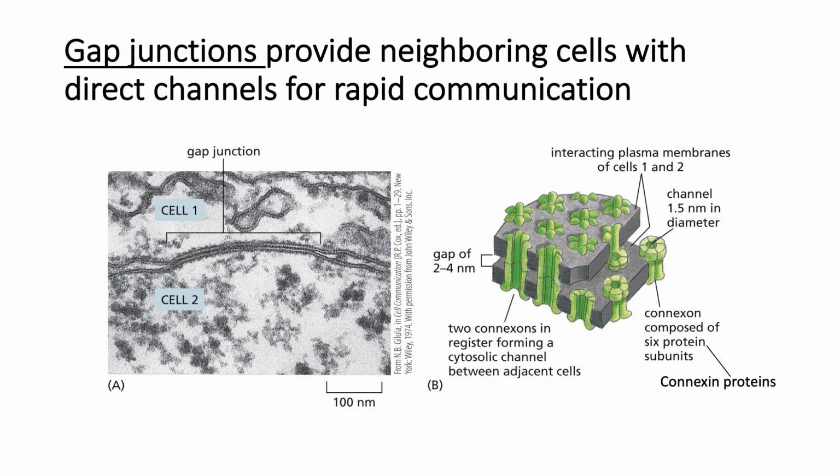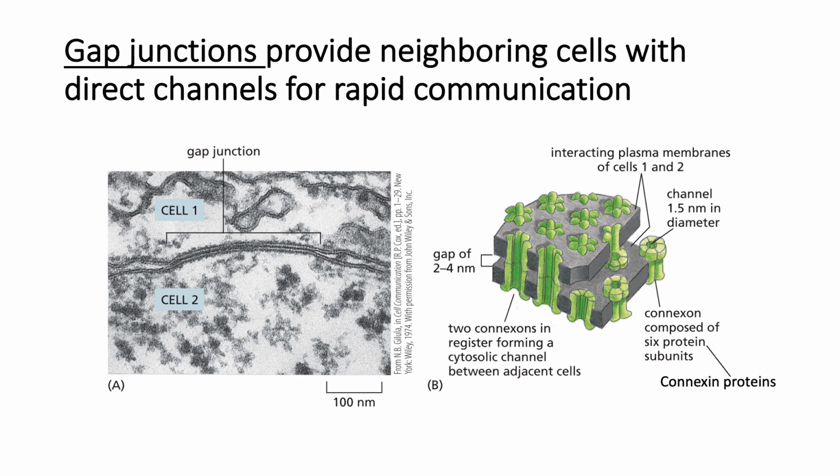And so we often see these kinds of gap junctions in cells that function uniformly like muscle contraction, particularly in the heart. We also see it in the uterus a lot.